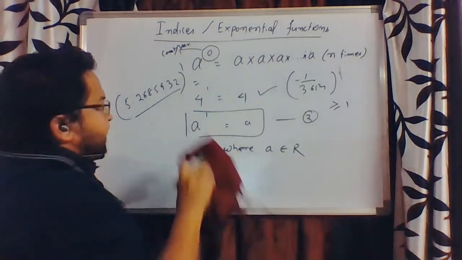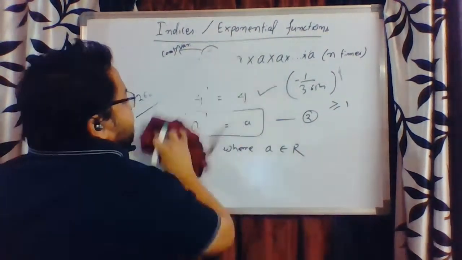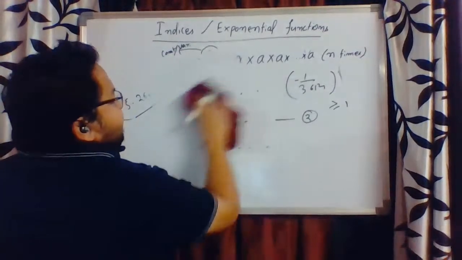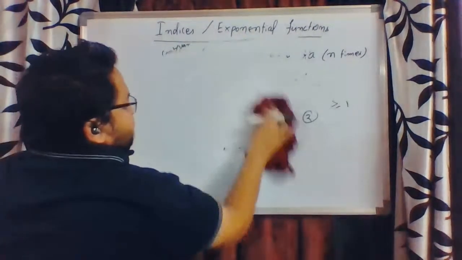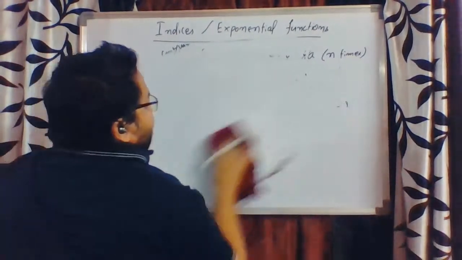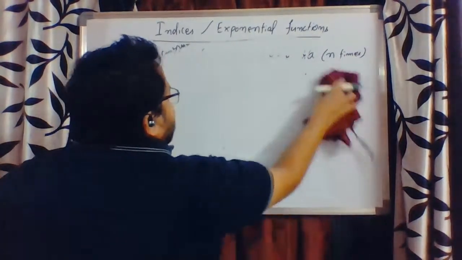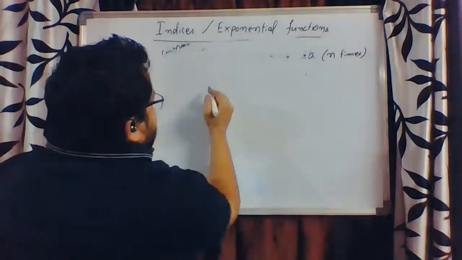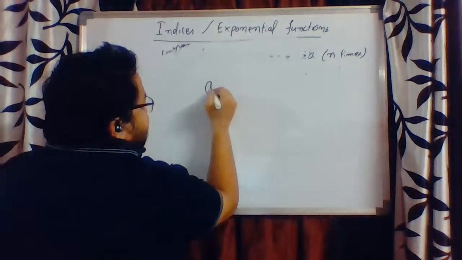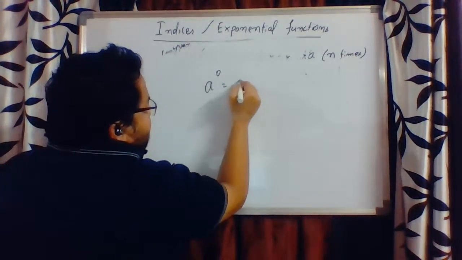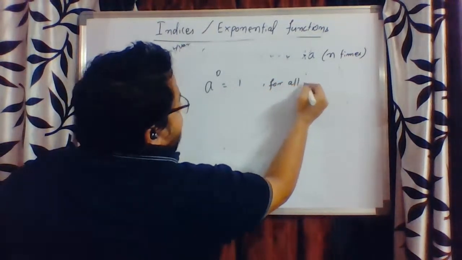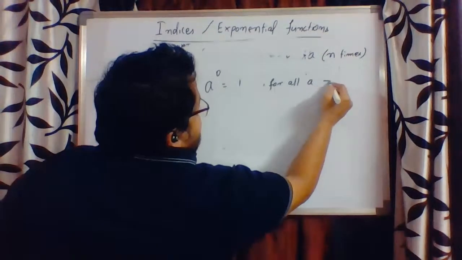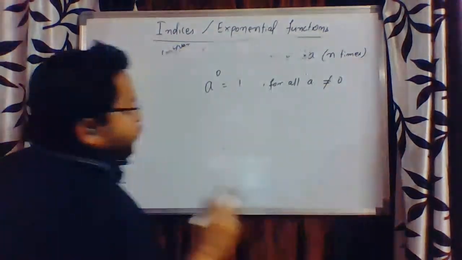Again, this is defined that anything... let me write it down first here. Any real number, when it is raised to the power 0, the value is 1. So a to the power 0 equals 1 for all a not equal to 0. Why?